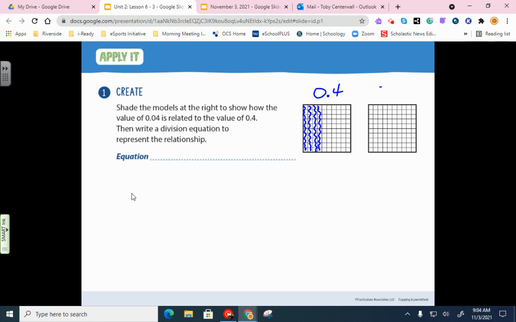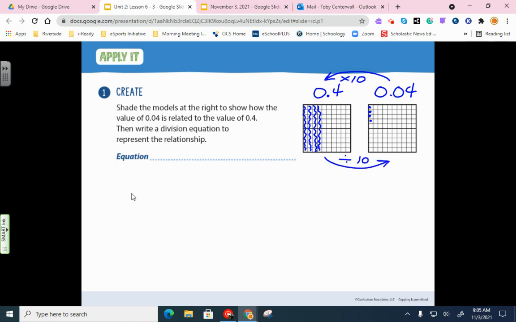Over here, we have 4 hundredths, and we remember that one single square is a hundredth. So we'll fill in 4 of those. And like we learned the other day, if you multiply by 10, that makes it bigger. If we divide by 10, that makes it smaller.